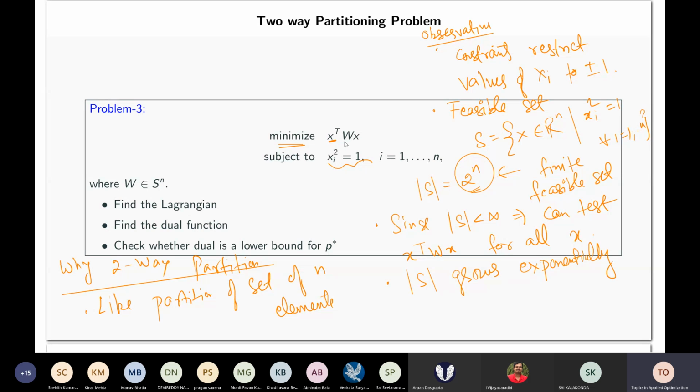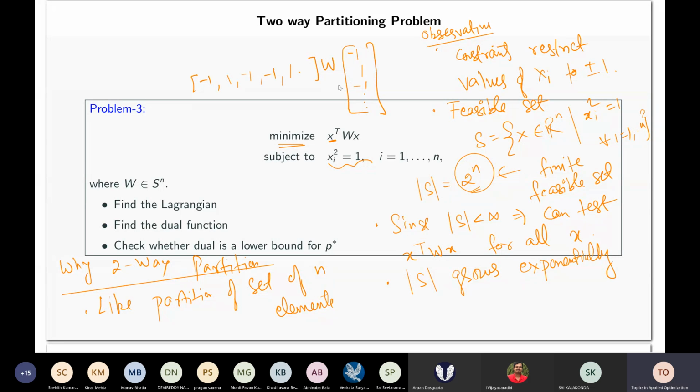So which component of x? That's like -1, 1, -1, -1, 1, and so on, and then I have W here, and then the transpose of that, 1, -1, and so on. Where should I choose 1 and where should I choose -1, such that the overall sum of these values is the minimum?